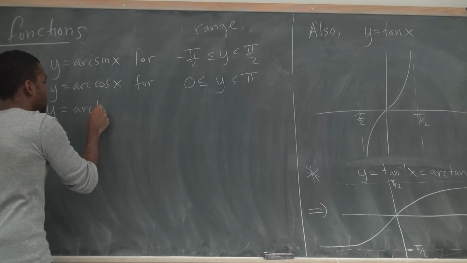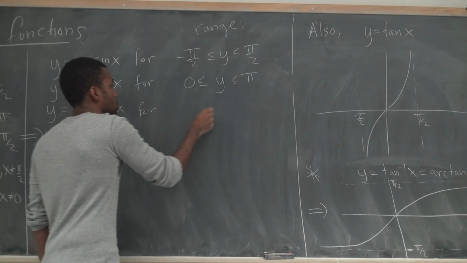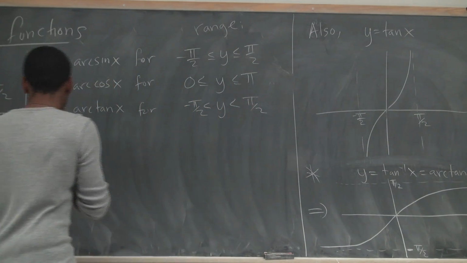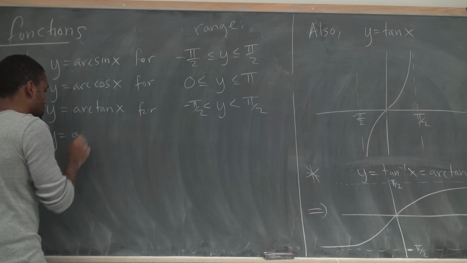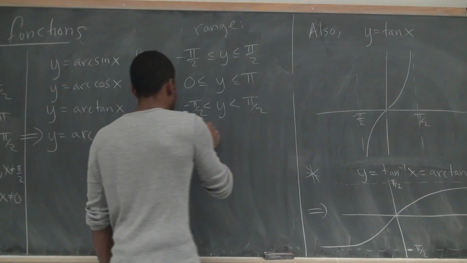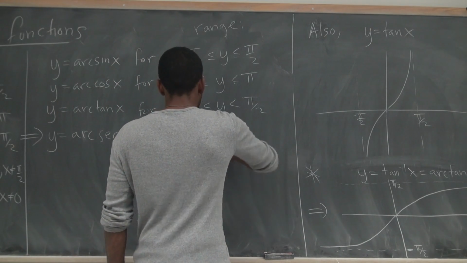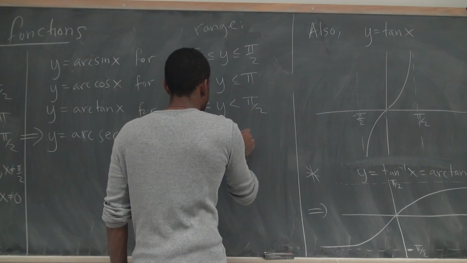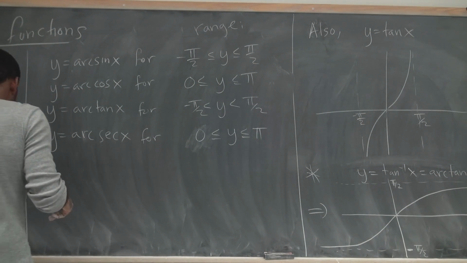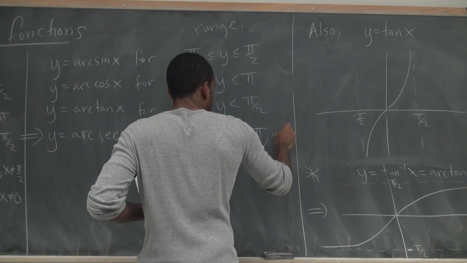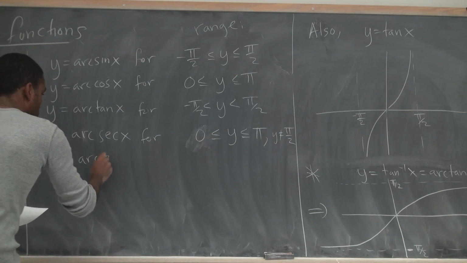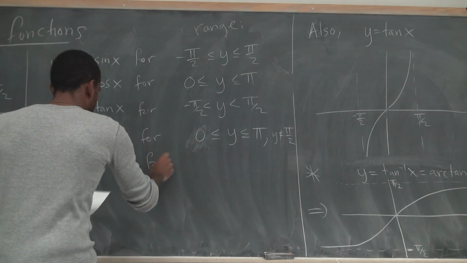Y equals arctangent for y is between pi over 2 and minus pi over 2. Arcsecant, and of course y not equal to pi over 2.